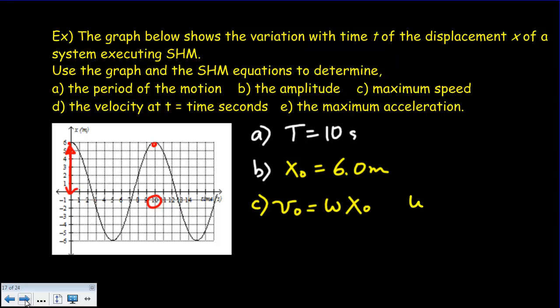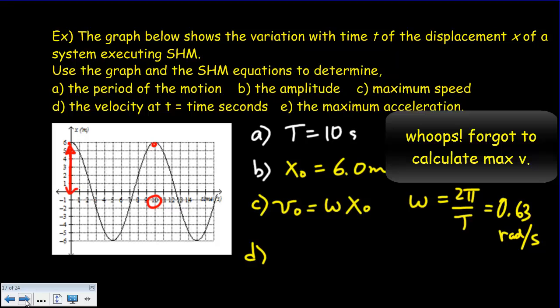We can get omega from the period. Remember, if you know period, frequency or angular frequency, you know all three. So this will be 2 pi divided by 10, which is 0.63, and that'll be radians per second.